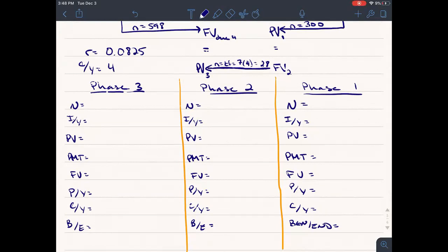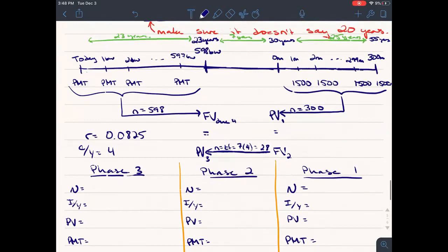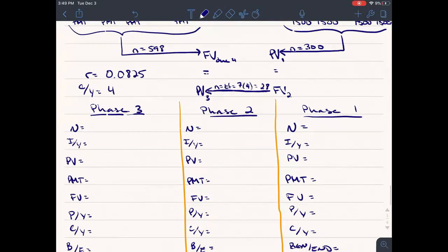Got it. All right. So we'll start over on the right, which is probably not what you want to do, but that's how we have to work through these problems. We start in phase 1, as I've called it, and we know our N here is 300.